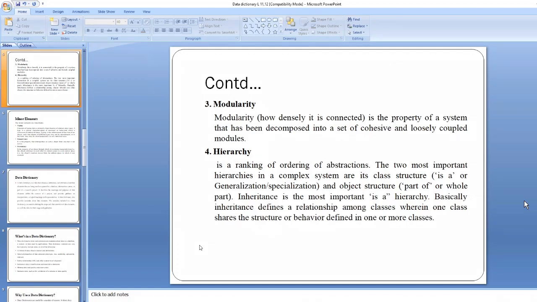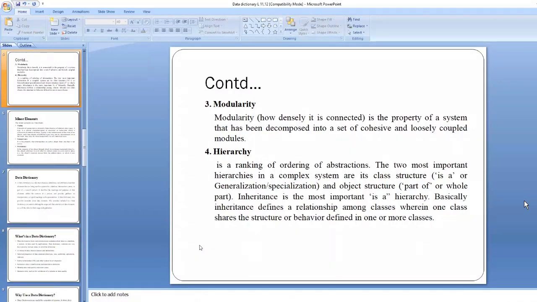Okay, so the modularity value would give us how densely it is connected. What is the value? Which type of relationship has been performed, one to many, many to one. So all those things would be shown here in modularity.